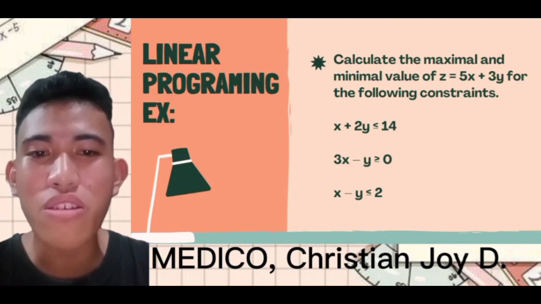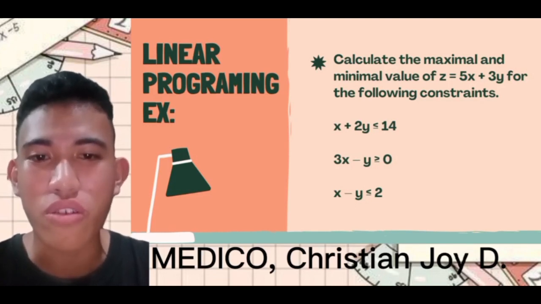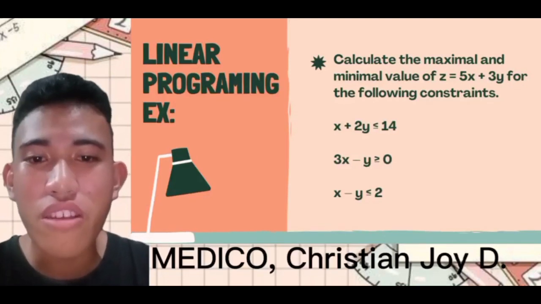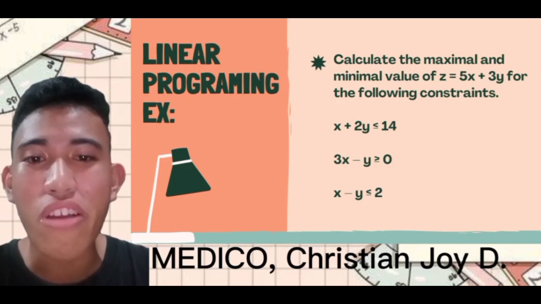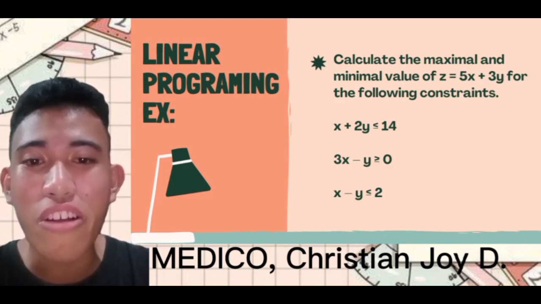Then the following constraints. Constraints are the limits of a graph function. There are three constraints: x plus 2y is less than or equal to 14, 3x minus y is greater than or equal to 0, and x minus y is less than or equal to 2.